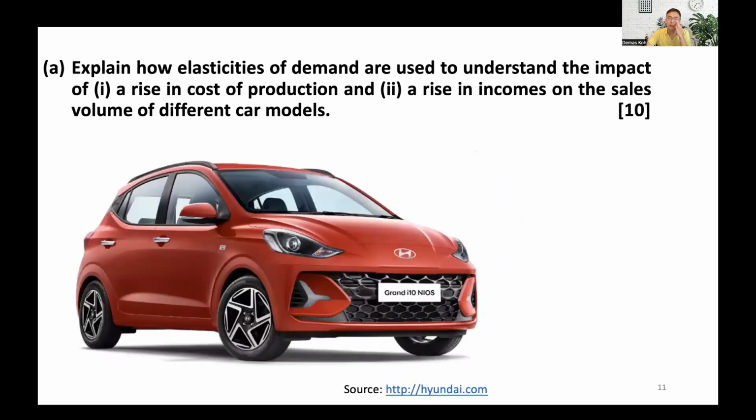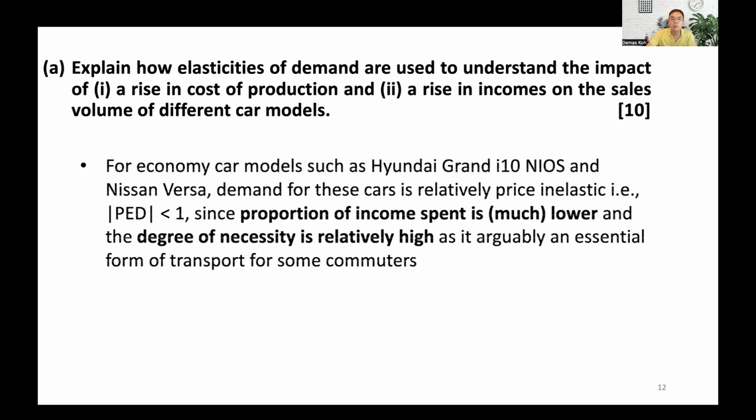Okay, now let's look at other car models, right? We've got a Grand i10 Neos by Hyundai here. So for more economy car models such as Hyundai Grand i10 Neos and Nissan Versa, the demand for these cars is relatively price inelastic.